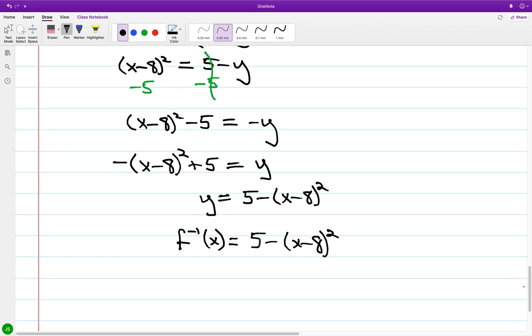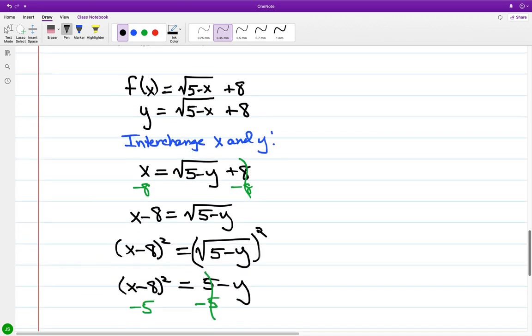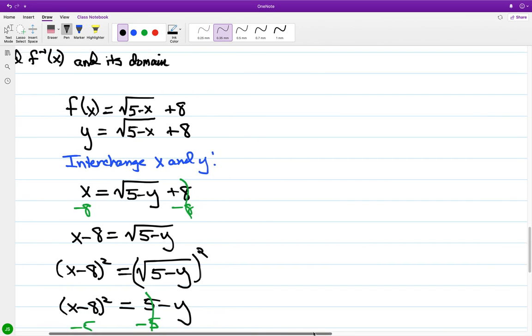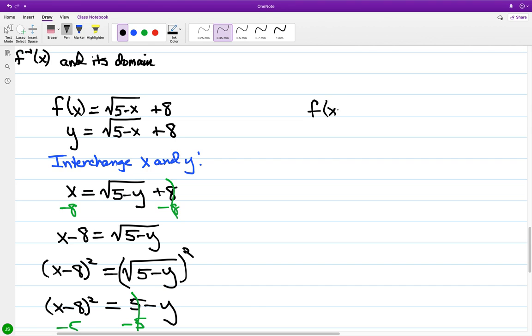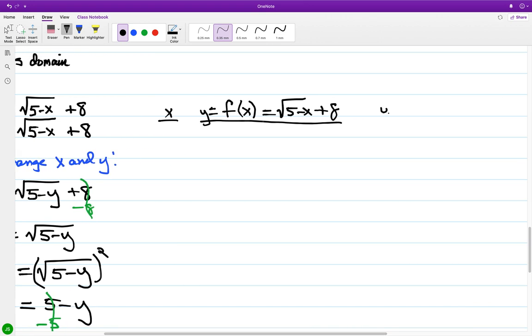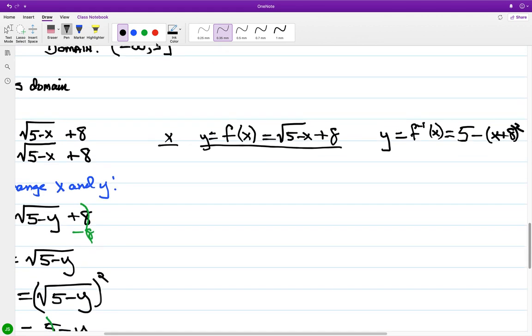Okay, now in comparing what we have for f of x equal to the square root of 5 minus x plus 8, I have y equal to the inverse function of x, and that was equal to 5 minus the square of x minus 8.